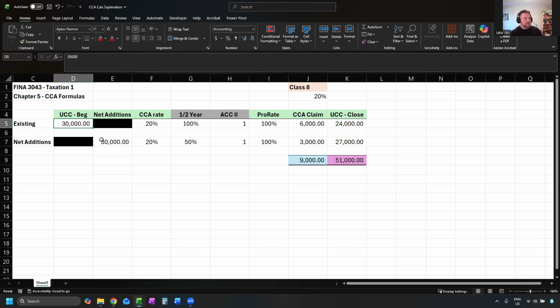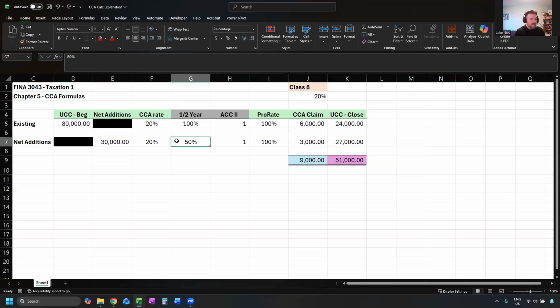Our UCC plus our additions combined is $60,000, right? Our original cost plus our new cost. When we combine them at $60,000, we're deducting $9,000 in expenses. So that leaves $51,000 yet to be depreciated. So that 51 comes back up and fills that slot next year.